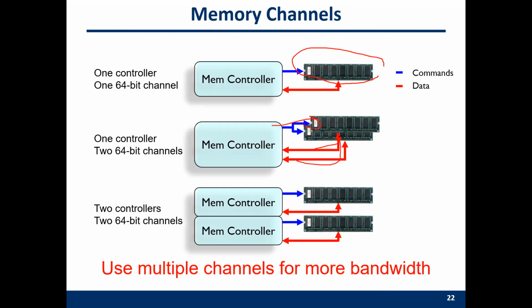Or you have two separate memory controllers. This is also called a true double channel design. You have a separate command bus and a separate data bus. In the second case, maybe the command bus can be a potential bottleneck.